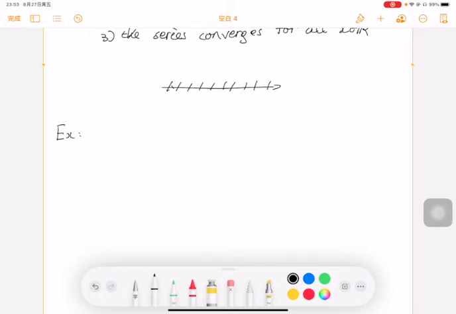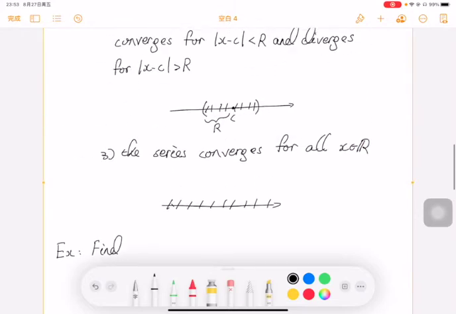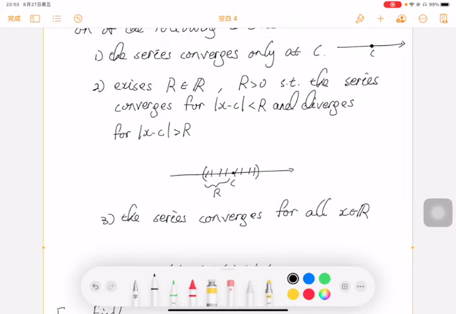Next, let's find the radius of convergence. And in this case, R is called the radius of convergence.